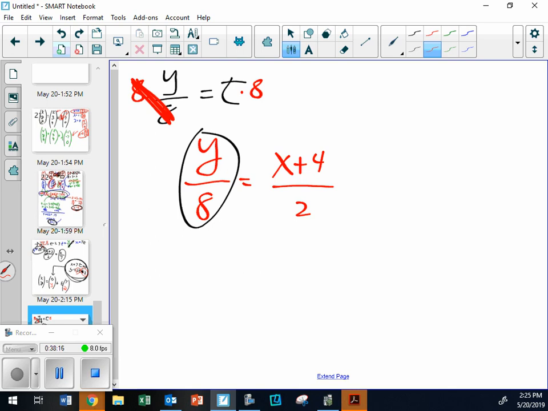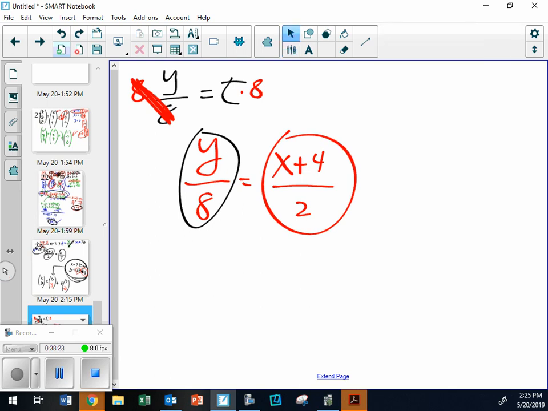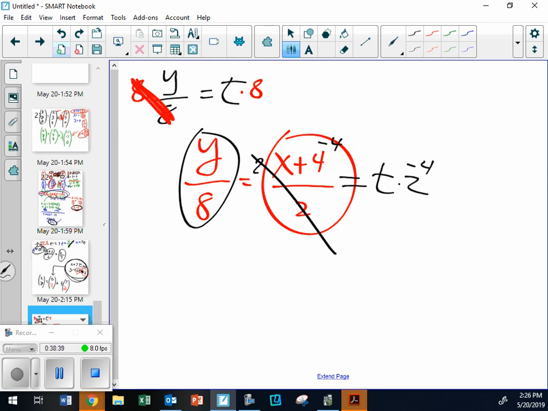The other one. Can you tell me how to do that with this? All right, so I'm going to say, first of all, set this equal to what? Yep. And then I'm going to multiply both sides by 2. And what did you do next? Yep. And I have x equals 2t minus 4.